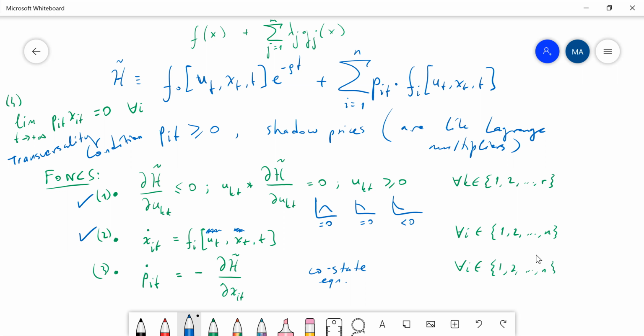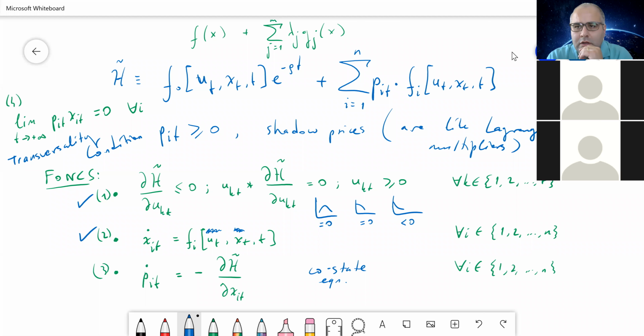If we value the x_it, we must consume all of them when time goes to positive infinity, or we just don't consume them. Either way, 4 is equal to 0.